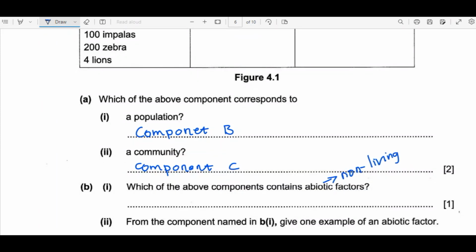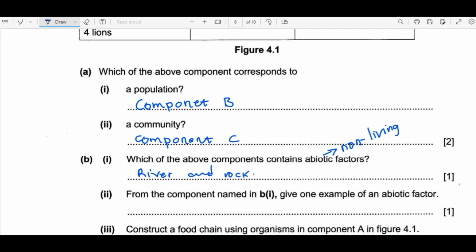So say river and rock. Then which of the above components? Here we just have to state the component. So we will not give this. So the component is just component A. Then from the components, give one example. We said we can just say river.